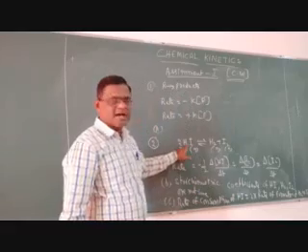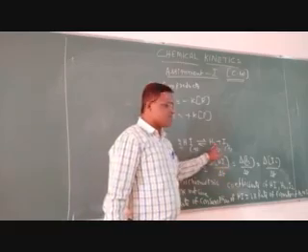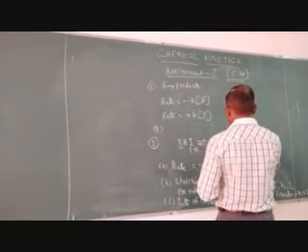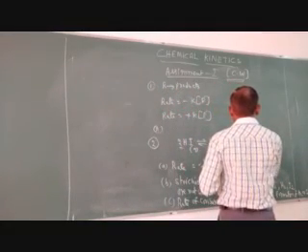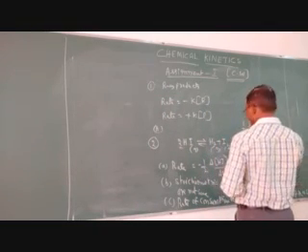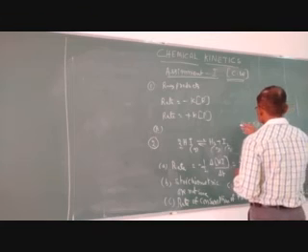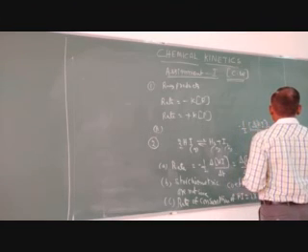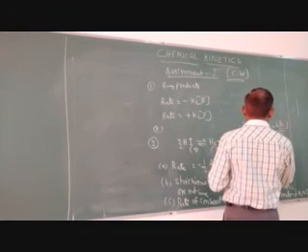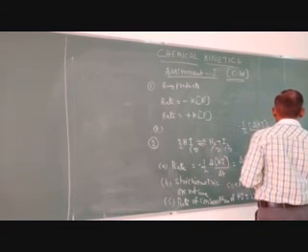Third one, rate of consumption of HI. What is the rate of consumption here? The rate of consumption of HI is equal to minus 1 by 2 delta [HI] by dt, while for formation it is plus delta [H2] by delta t. In comparison, delta [HI] by delta t is equal to 2 into delta [H2] by delta t.